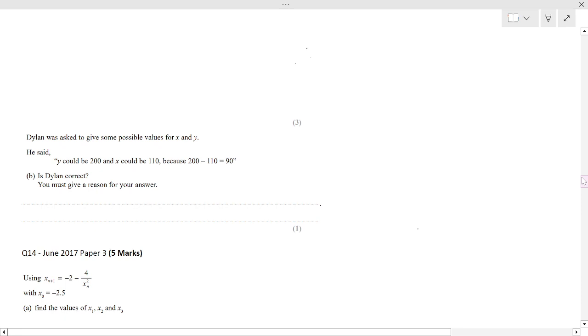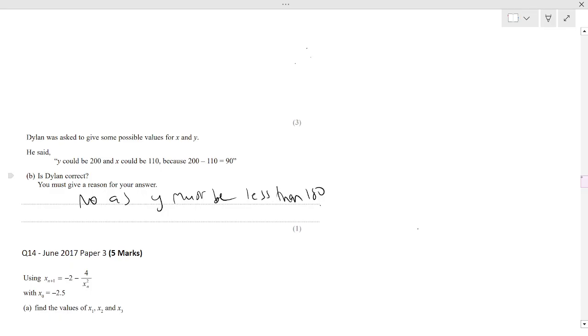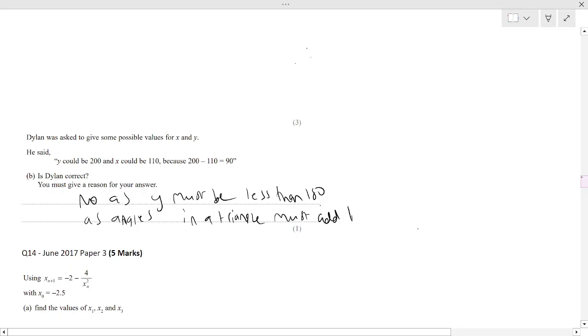So actually, no. No, as y must be less than 180, as angles in a triangle must add to 180 degrees, right? Yeah, so that's really it then for that.